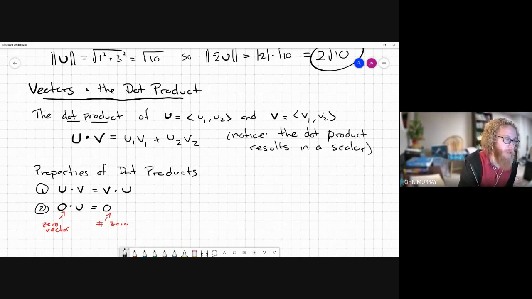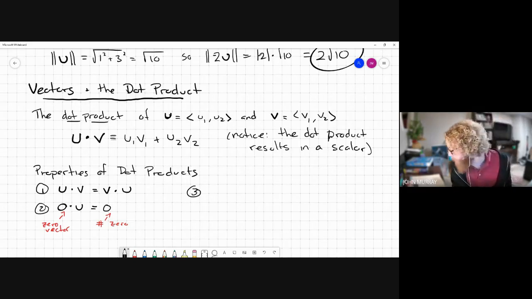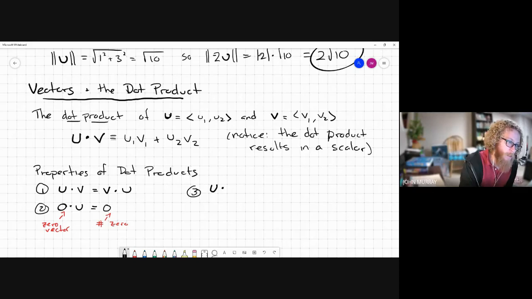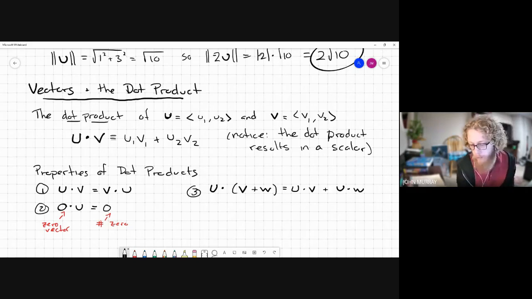All right, then we have the distributive property. If you are doing a dot product with a sum, it is the sum of the dot products.